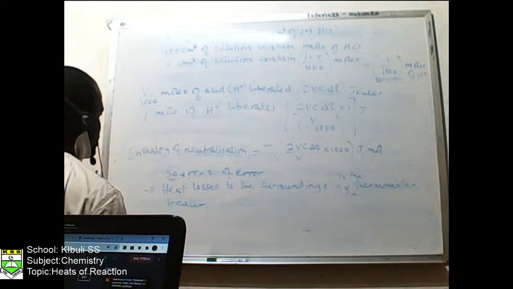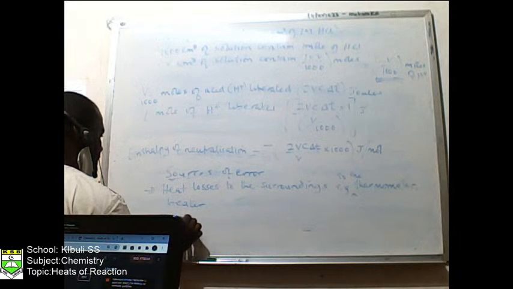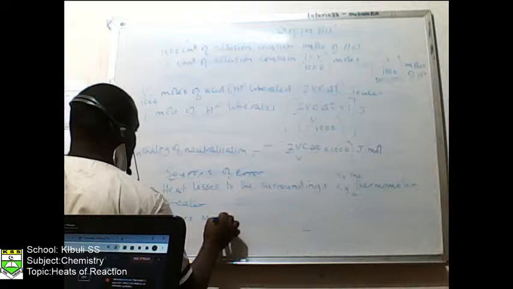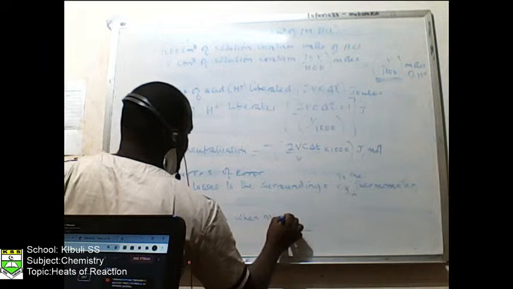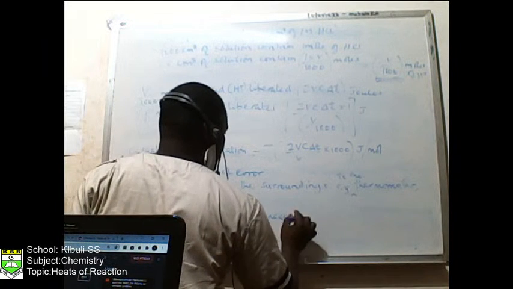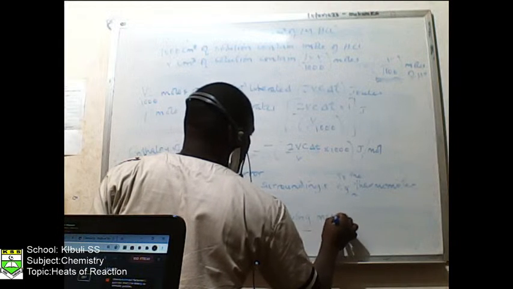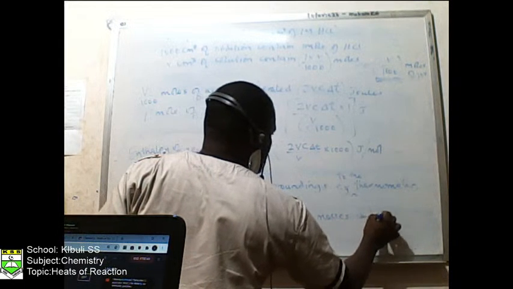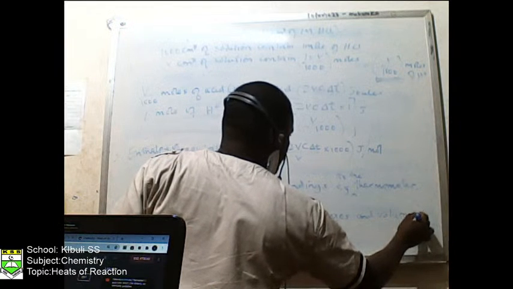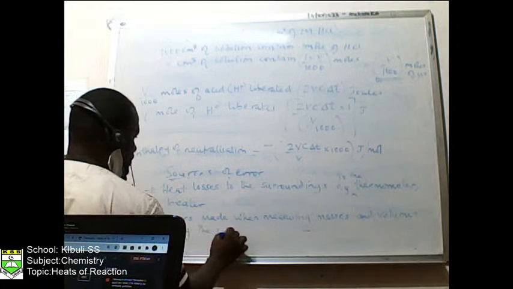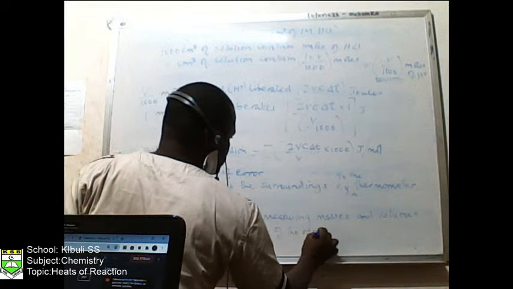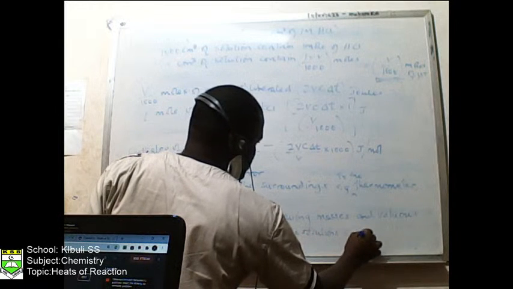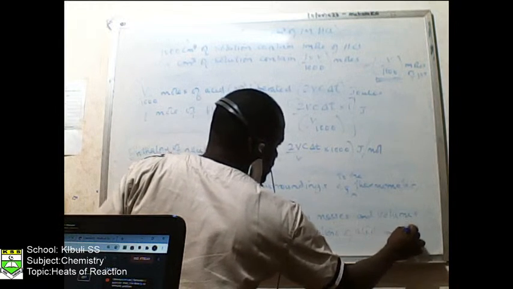Another source of error could be errors made when measuring masses and volumes during the preparation of the solutions of acid and alkali.